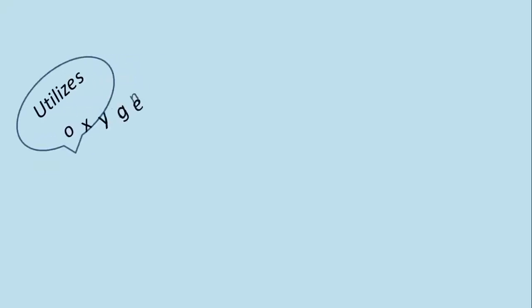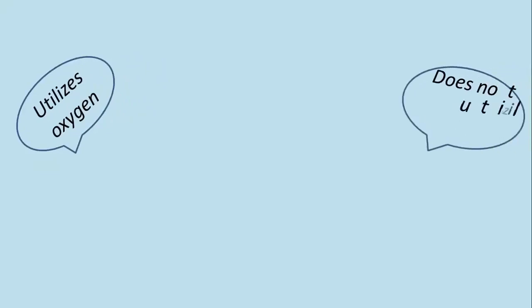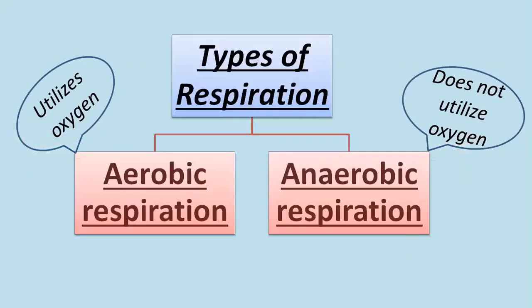Because there are two types of respiration which take place in the cells. One occurs in the presence of oxygen, while the other occurs in the absence of oxygen. So what are those two types of respiration? Those are nothing but aerobic and anaerobic respiration.